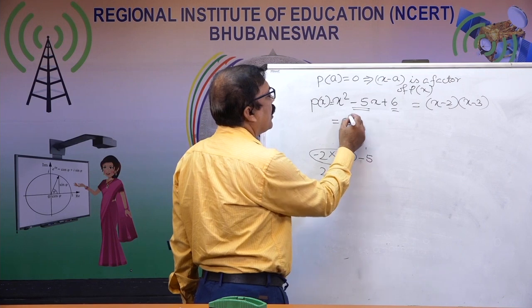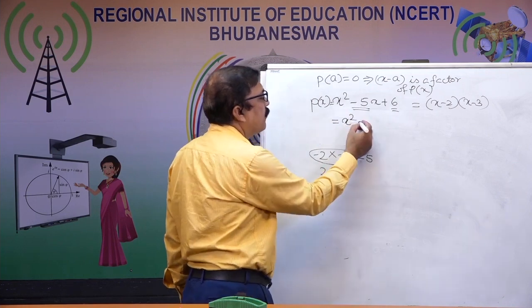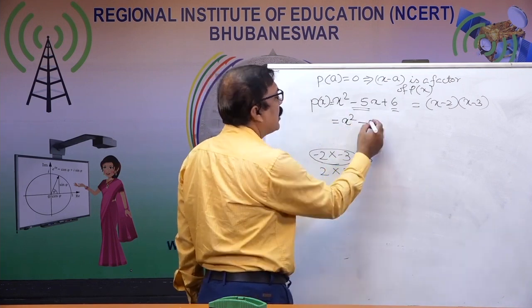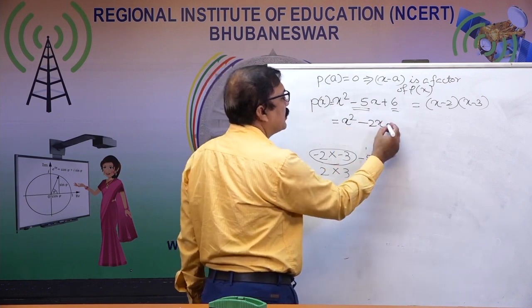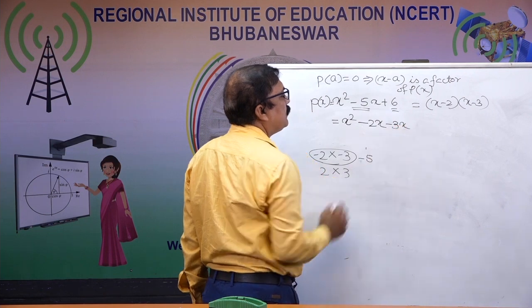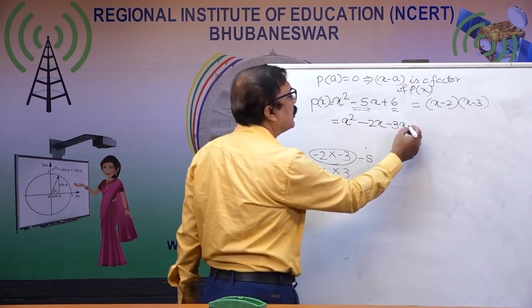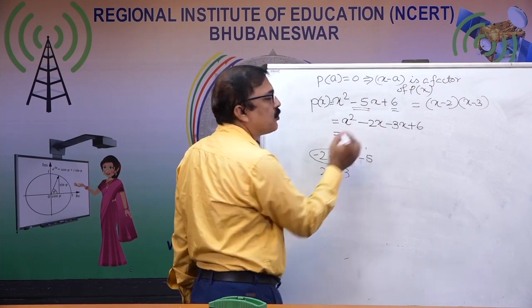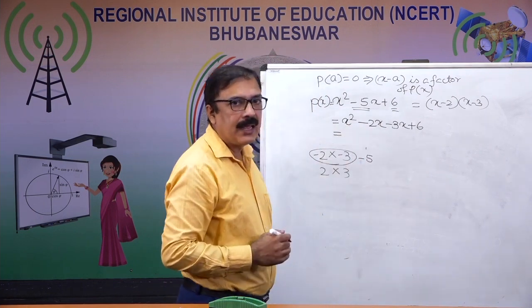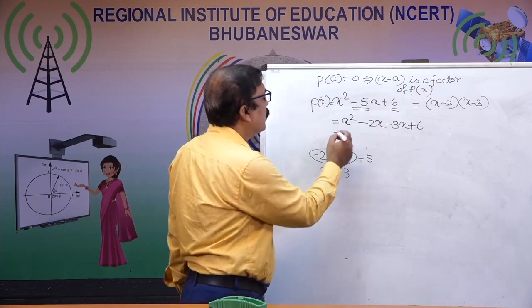So x square minus 5x will be minus 2x minus 3x plus 6. From the first two terms, we can take x as common.